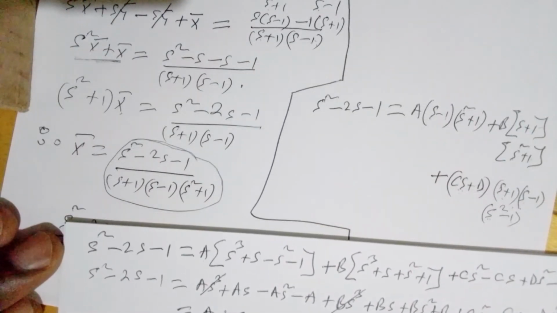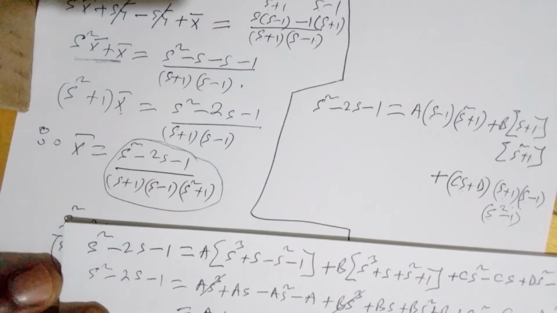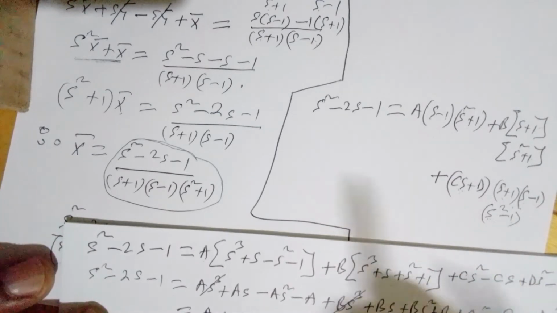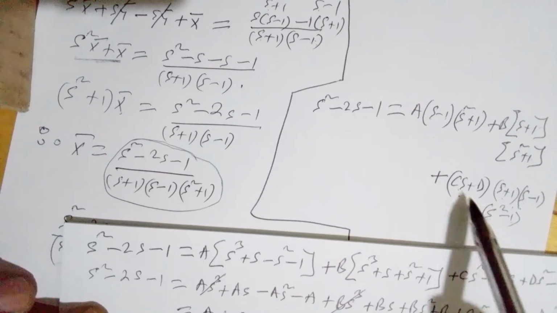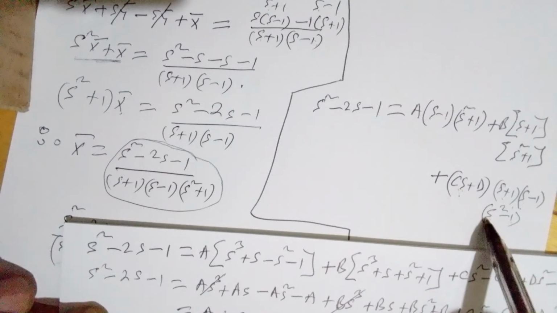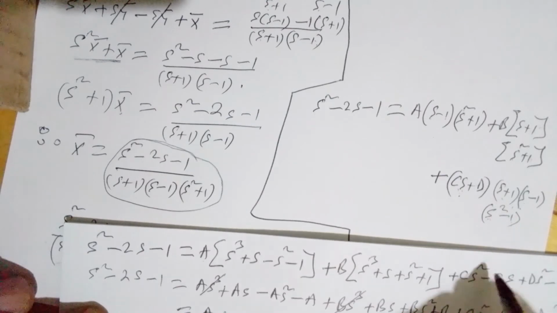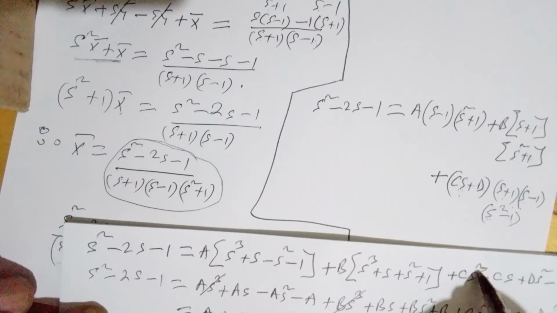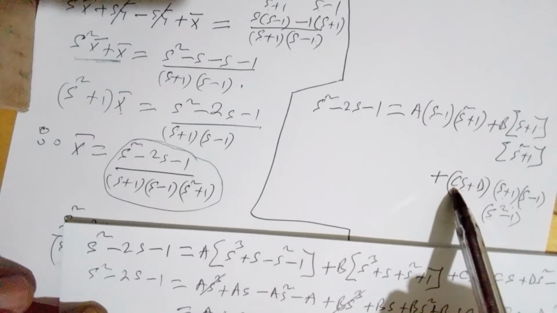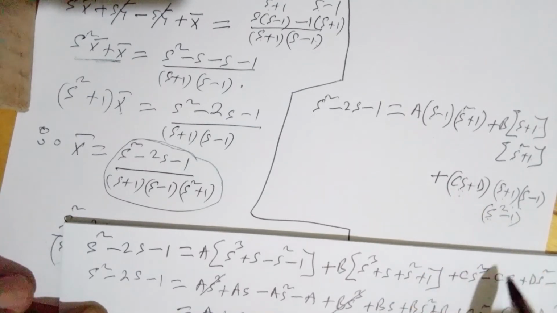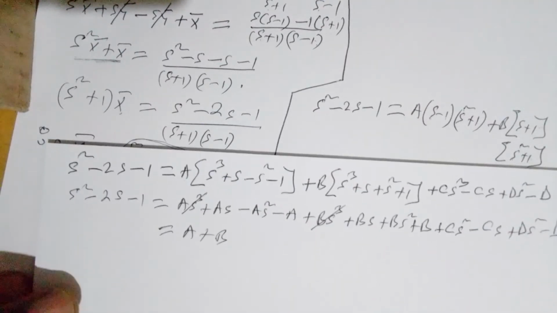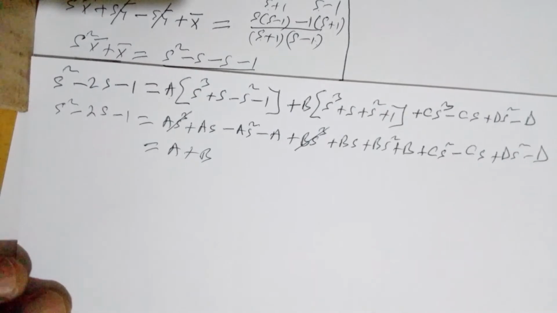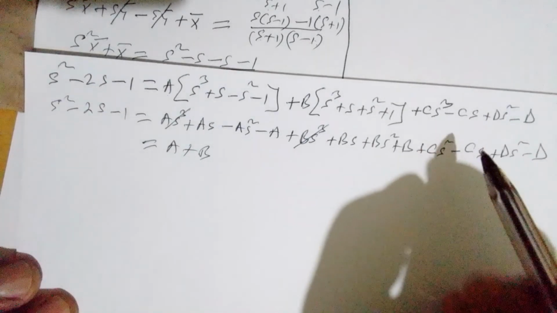Where is the value of C? Let us see how we are multiplying here. So you can see that here C, when you multiply here, Cs times s squared, this will be Cs cubed.